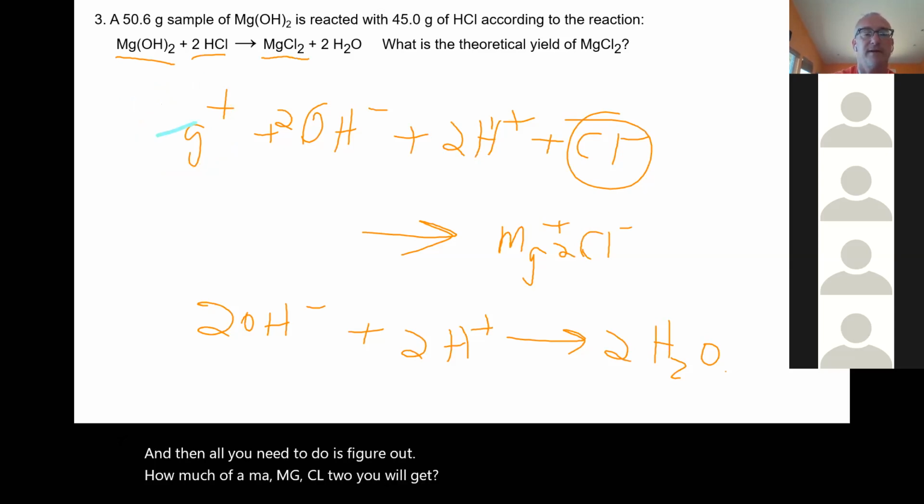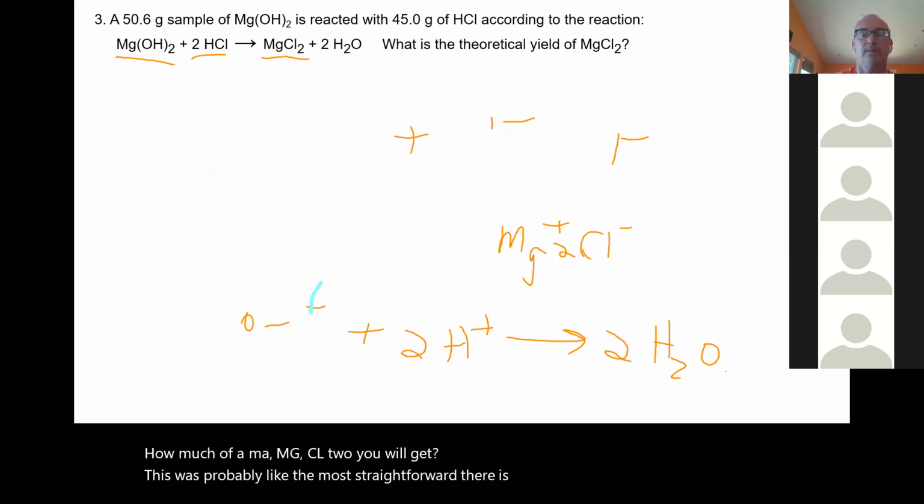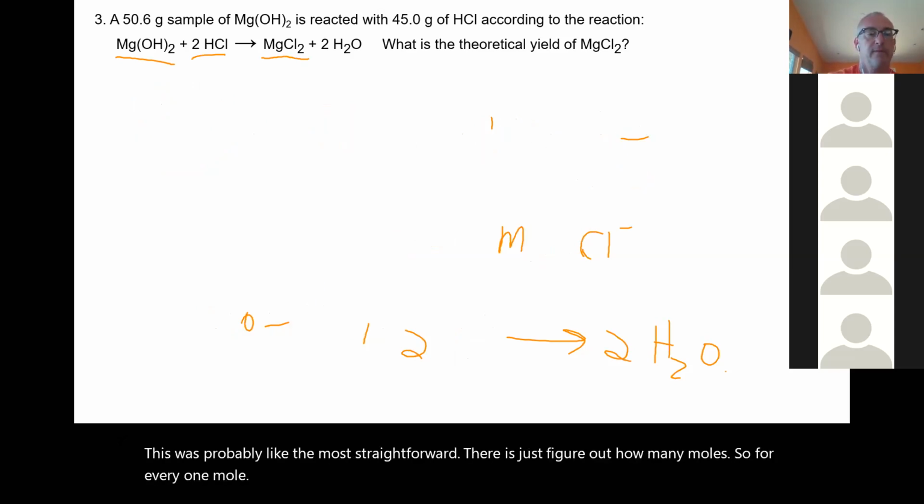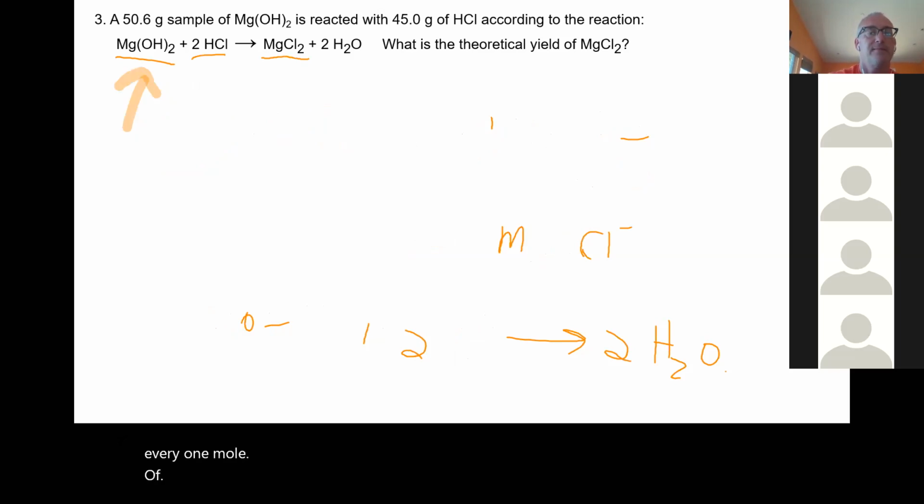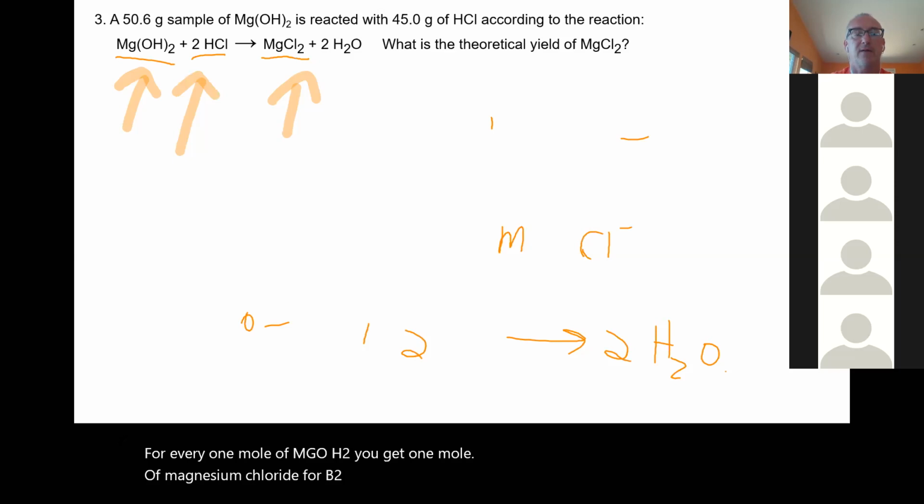This is probably the most straightforward there is. Just figure out how many moles. For every 1 mole of Mg(OH)2, you get 1 mole of magnesium chloride. For every 2 moles of HCl, you get 1 mole of magnesium chloride.